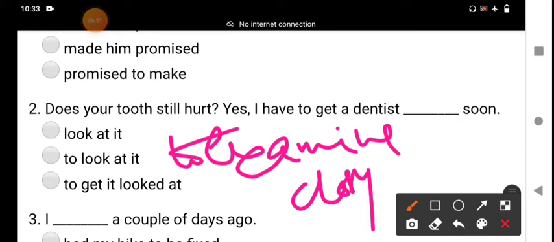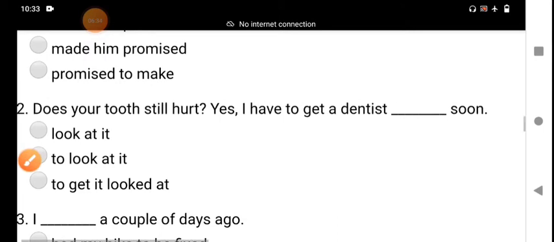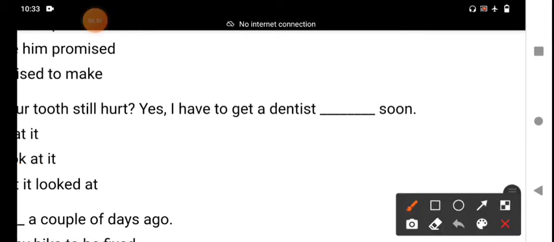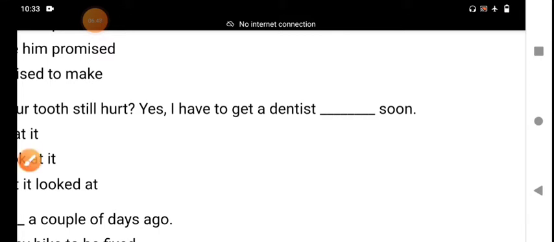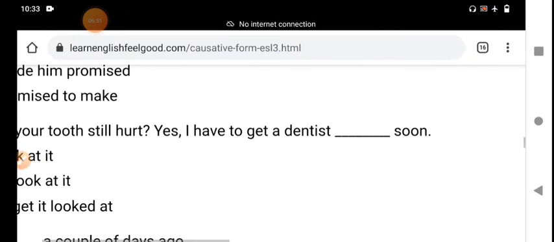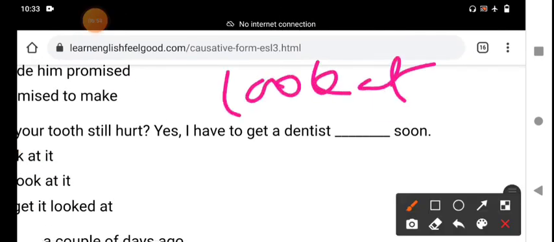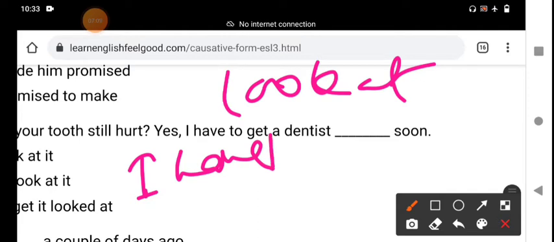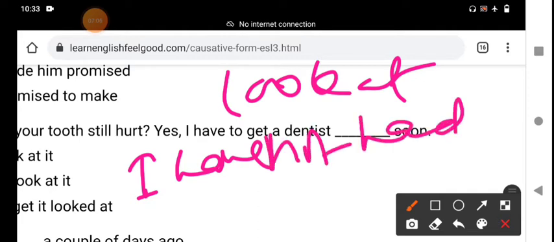I will tell you one example with a phrasal verb, main verb plus preposition or adverb particle, which gives a different meaning. For example, I have not had time to look at the newspaper.